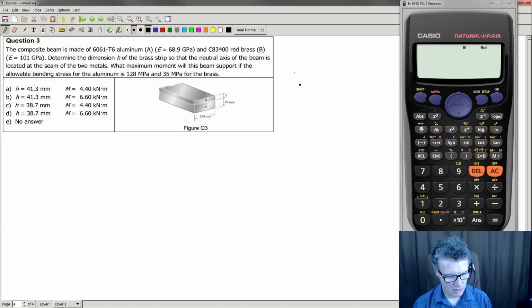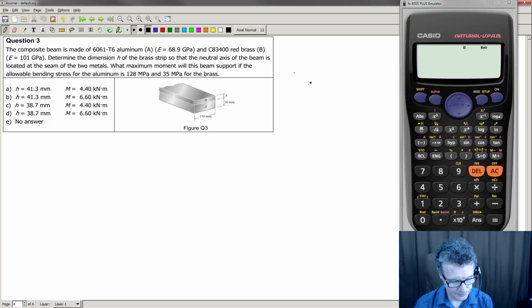Usually I think you would choose the base material to be the material that has the lower Young's modulus, which happens to be section A, where the aluminium is and where we have the dimensions. If it was the other way around, I possibly would still use A as my base.